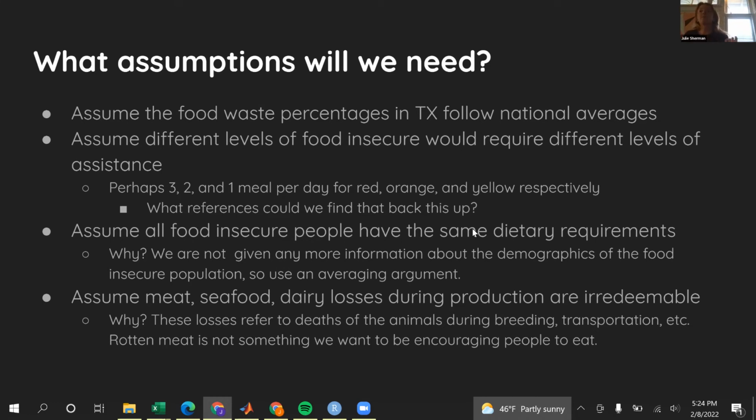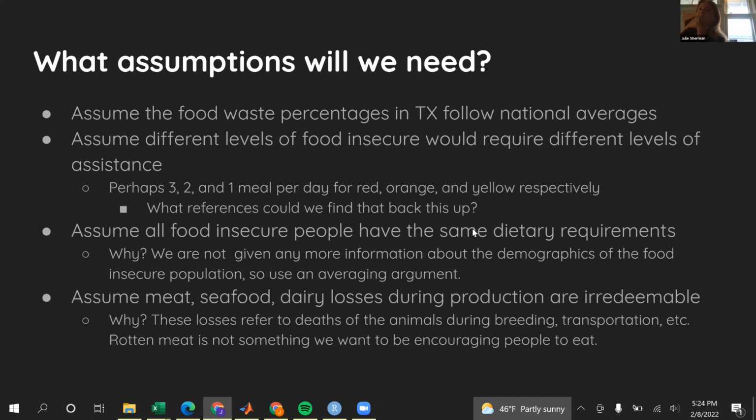This would be something that we could look up. We could look up, what is the average income of people in each category? And given those incomes, we can calculate, based on the average cost of a meal, how much assistance each level needs.